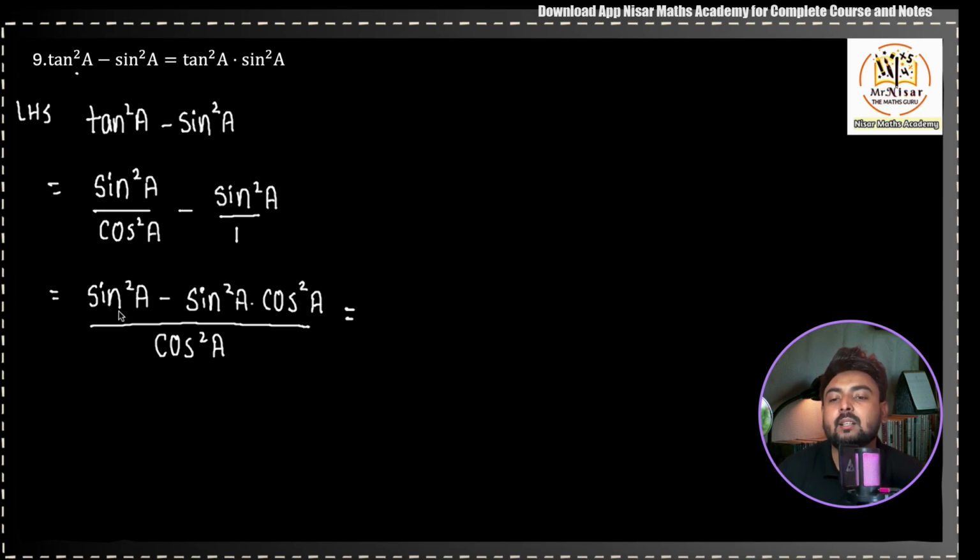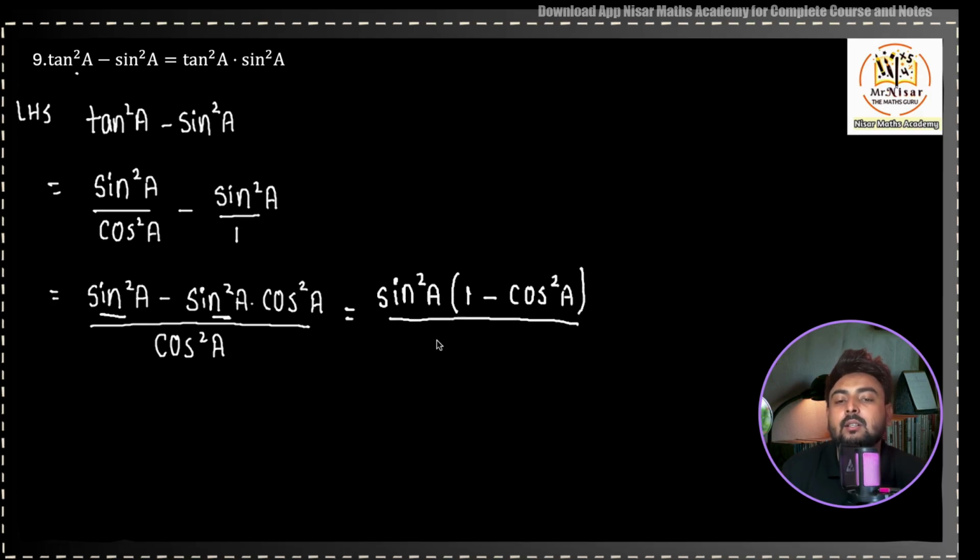You can see here in the numerator, in these two terms, sine square is common. It is present in the first term also, in the second term also. I'll take that sine square a common. What will remain? Here it will be 1 minus, from this sine square is outside, so what is the remaining there? Cos square a. And in the denominator we have cos square a. How many of you are able to see the answer from here? Okay, see, as I said to you, in this question you should be able to see the next step.